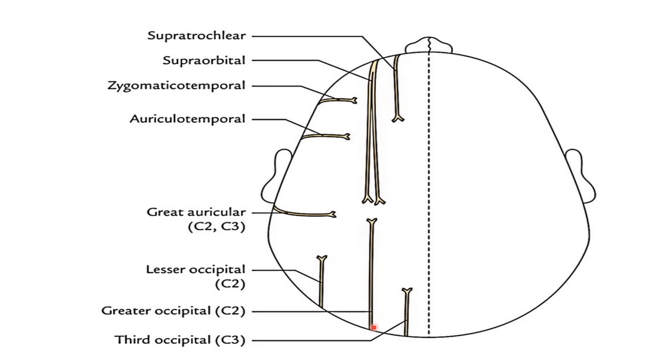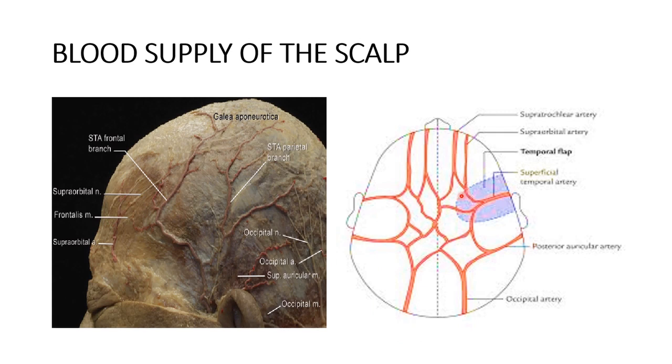Then we have the greater occipital nerve, which is derived from the dorsal ramus of the second cervical nerve. Lastly, we have the third occipital nerve, which is derived from the dorsal ramus of the third cervical nerve.